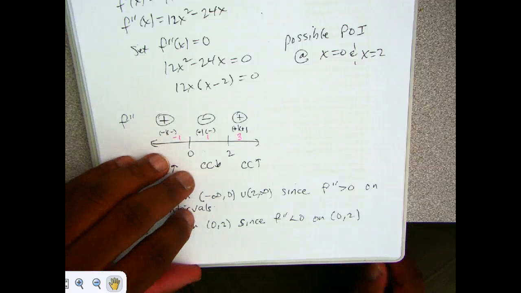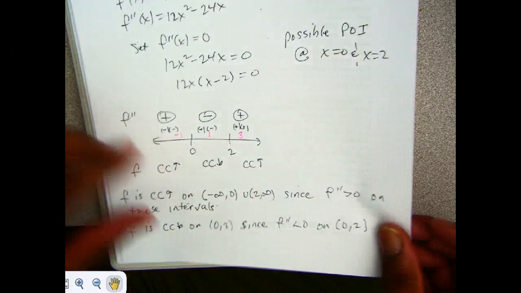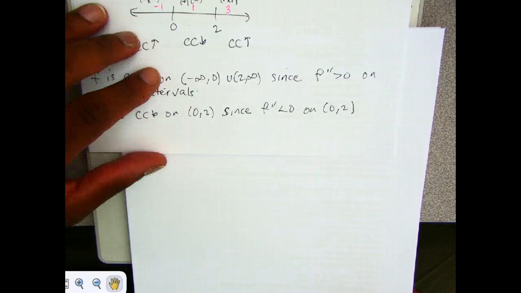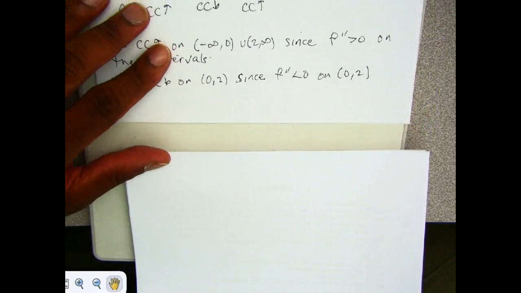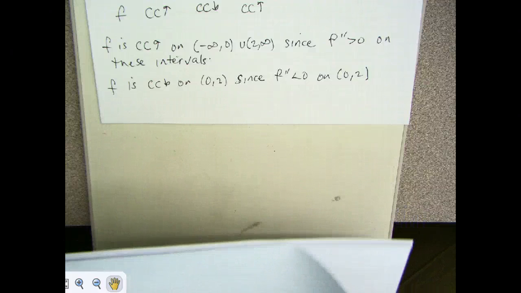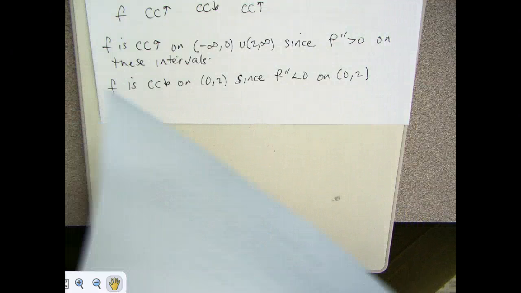How about the points of inflection? How does that work? Okay, so again, we said a point of inflection occurs where your graph changes concavity. So where does our graph change concavity?